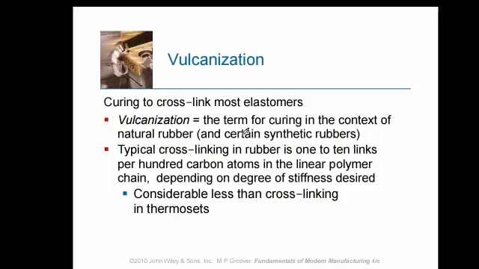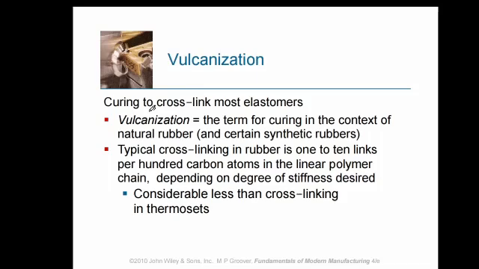Then we have a process known as vulcanization. Vulcanization is the equivalent thermosetting process of rubbers. Remember, we talked about curing of the plastics to thermosets. When it comes to rubber, the curing of elastomers is known as vulcanization.